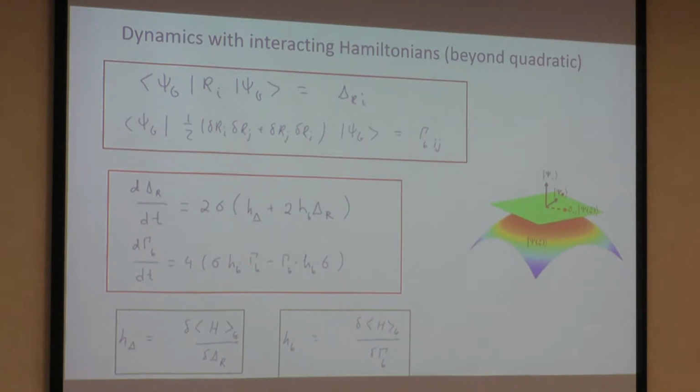They actually need to be obtained by taking the expectation value of the interacting Hamiltonian in the Gaussian state. And this expectation value, of course, generically depends on both the coherent part and the squeezed part. But once we have this expectation value, then we can easily take these derivatives, and this will allow us to keep track of dynamics.